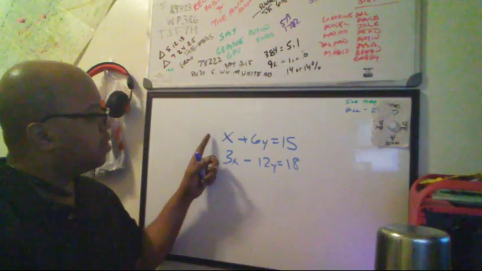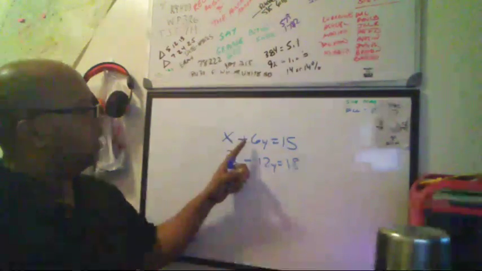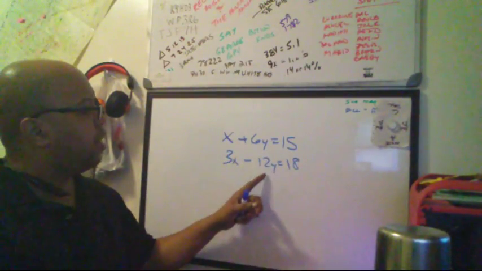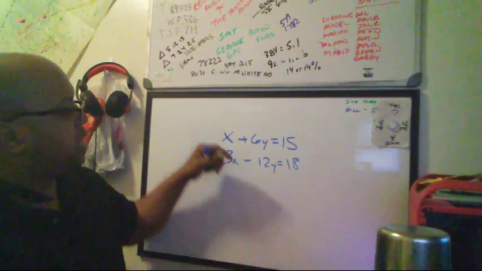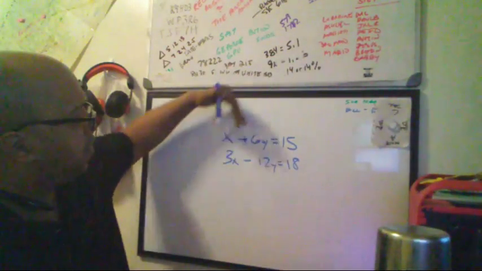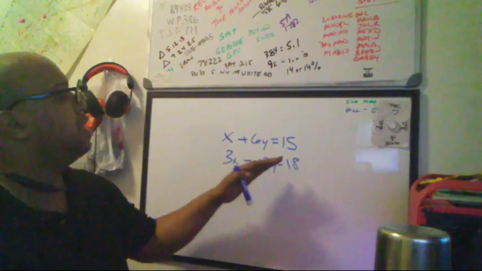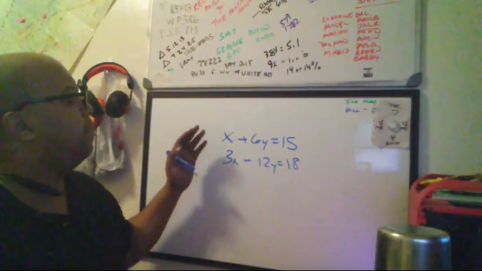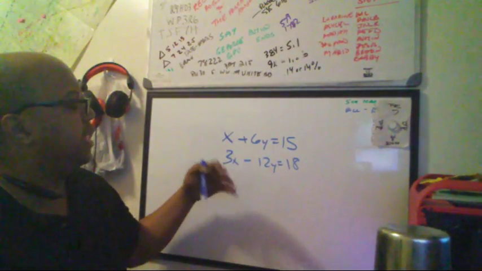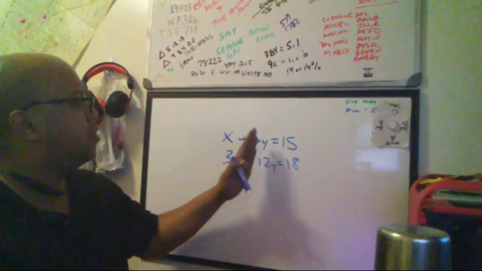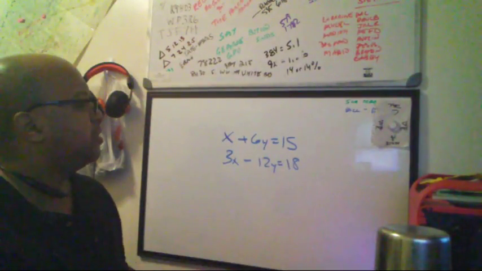Or I can just multiply this by 2 so this becomes a positive 12y and it'll cancel out with the negative 12y. Because ultimately we're going to vertically add. So we can manipulate the equation in such a way that when we vertically add, it cancels either the x values out or the y values out.